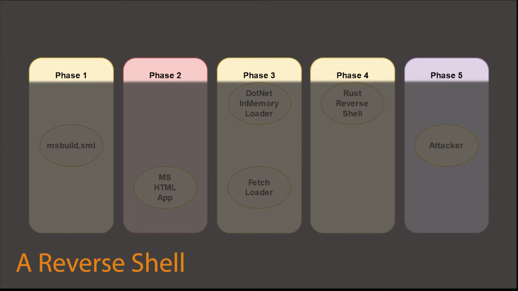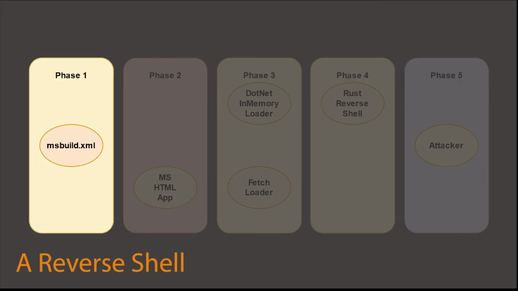You'll see to get this attacker access onto the host, there are 5 phases that we're going to go through. And these 5 phases are dependent on certain steps being followed once the captive portal mini browser kicks in. All right, so we're going to use a feature that's currently available in Windows 10, which is called MSBuild, Microsoft Build, which is a kind of development tool that's a standard feature inside Microsoft Windows.